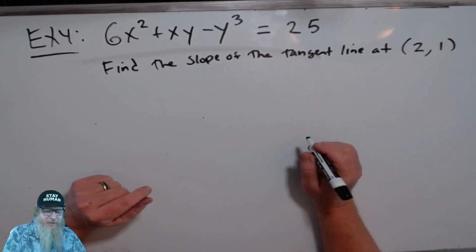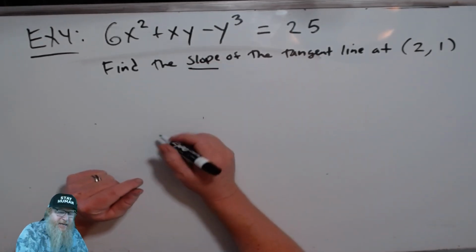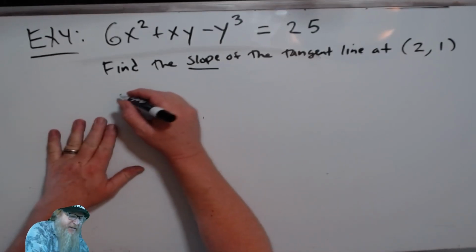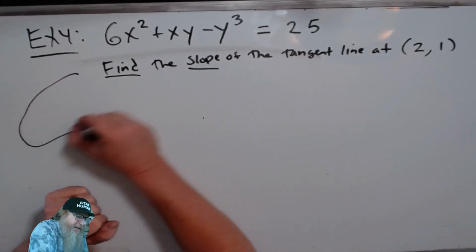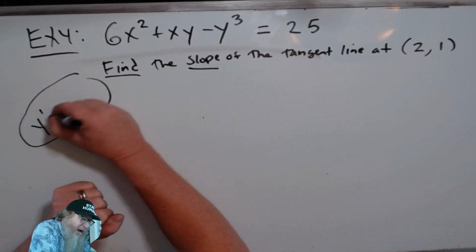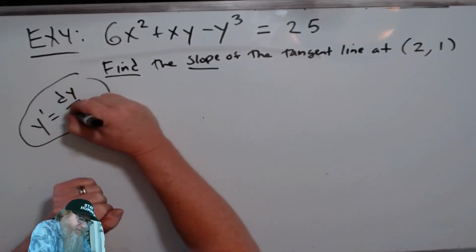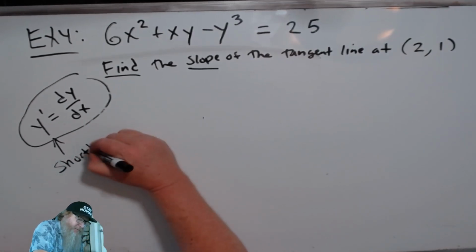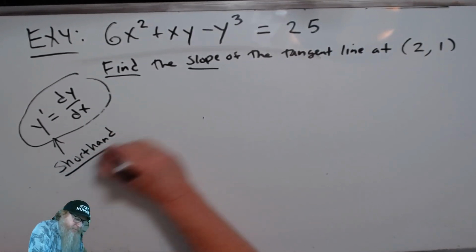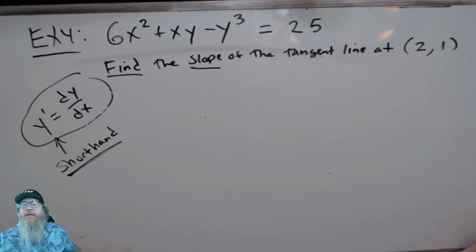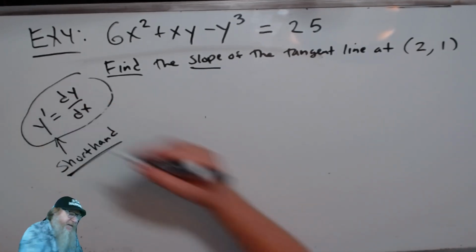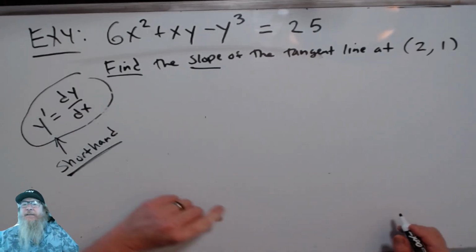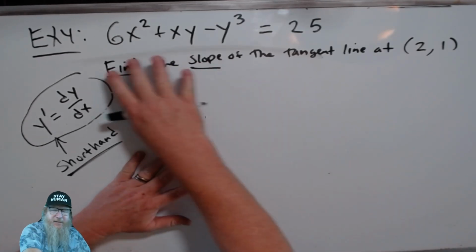recant my statements here. All right, so find the slope of the tangent line. So basically, we can just find y prime. It's just a shorthand notation for dy/dx. Okay, so let's go ahead and do it.